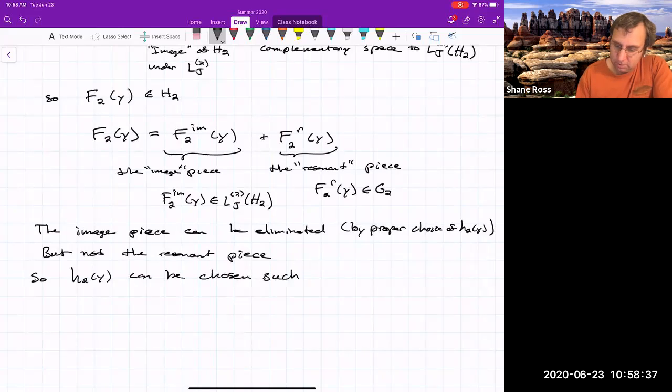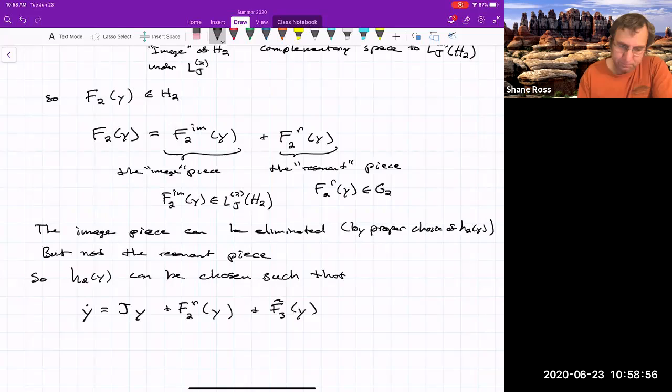So H₂ can be chosen such that y dot equals Jy, our new equation. We can get rid of all the second order terms except the resonant ones. And then let's just put back our third order terms and things of fourth order and higher.